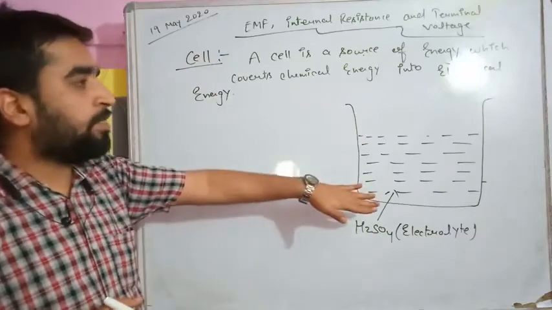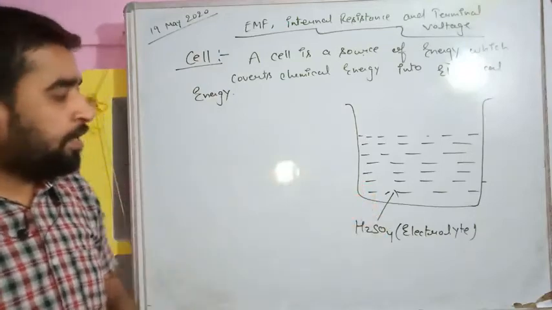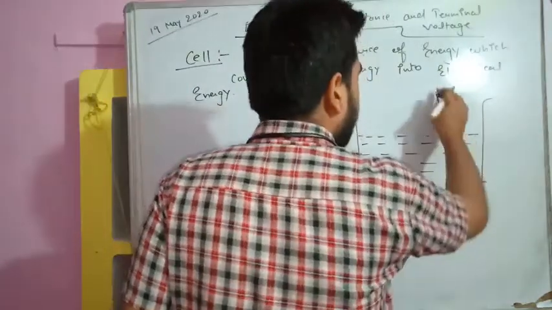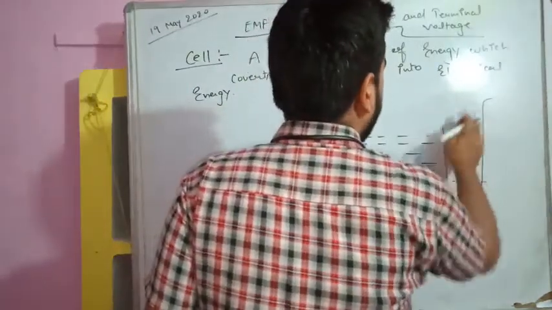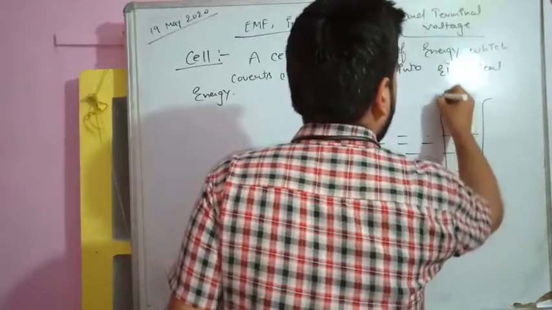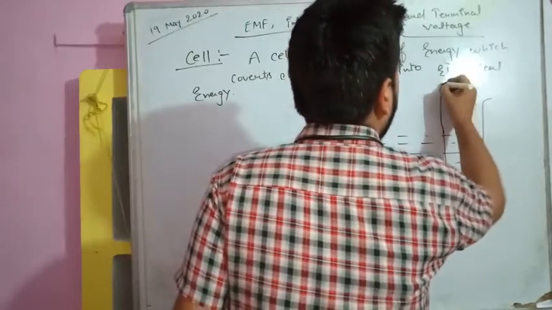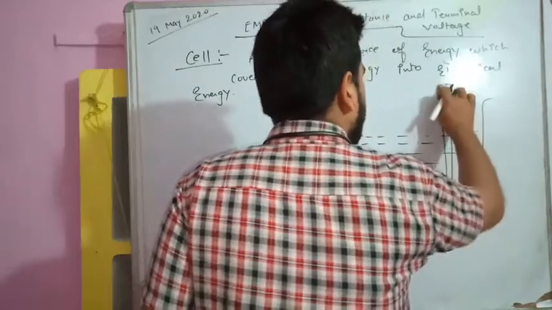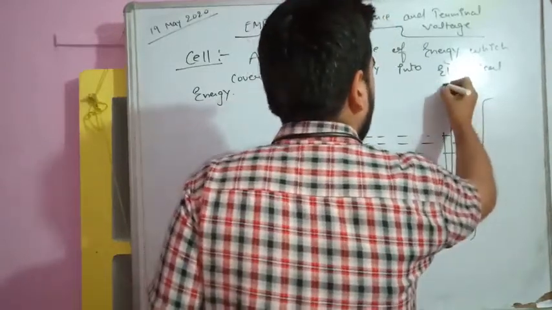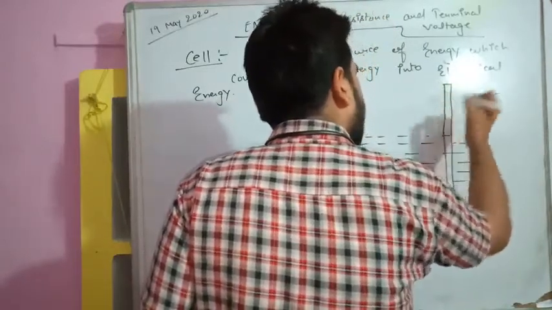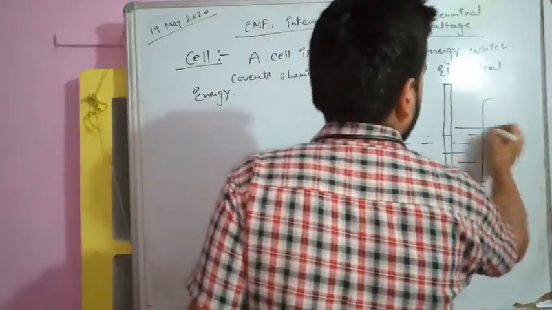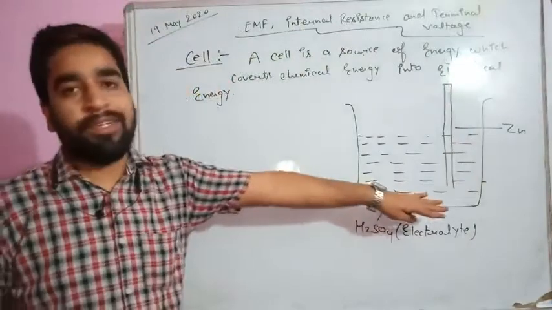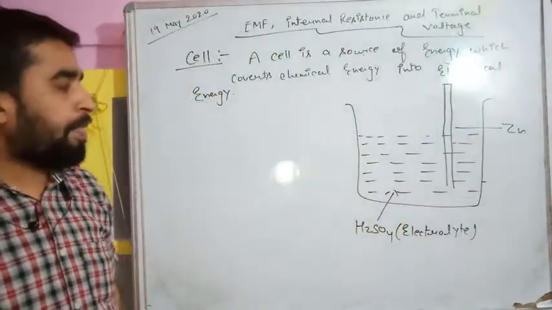So for the example of the cell, the electrode which I am going to introduce inside the cell, let me draw it in a good manner. So the electrode which I am going to introduce inside the cell is a zinc electrode. So zinc electrode I have considered inside the cell. Zinc. Okay, zinc electrode I have introduced inside the cell.